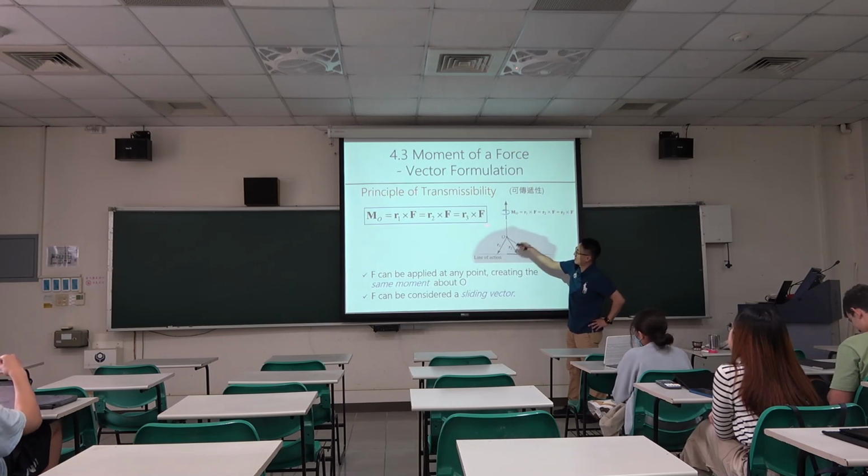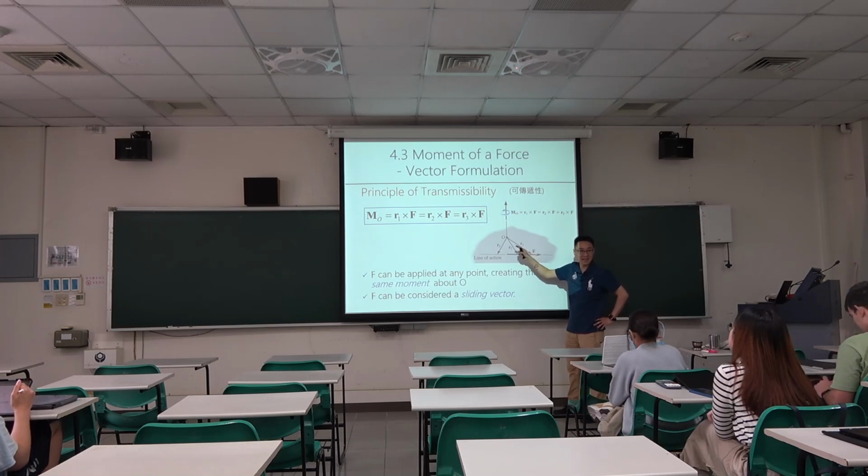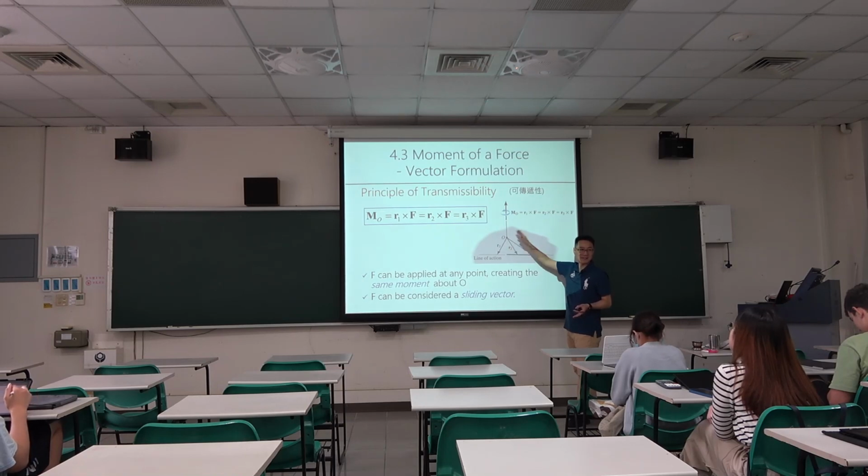Our final result will be the same, because cross product already includes the meaning of r sine theta. You can have different theta, but finally r times sine theta, the distance, will be the same. Can you imagine? That's the concept of using cross product.